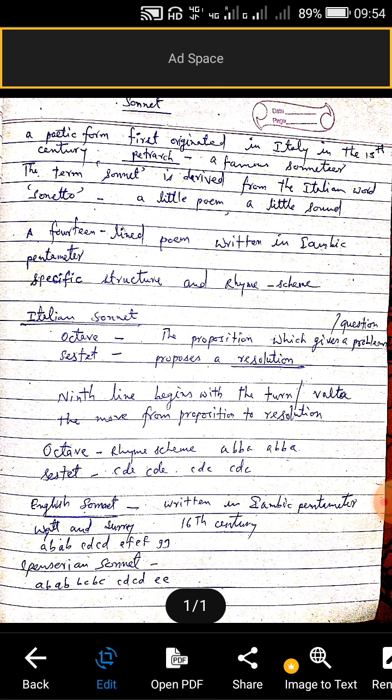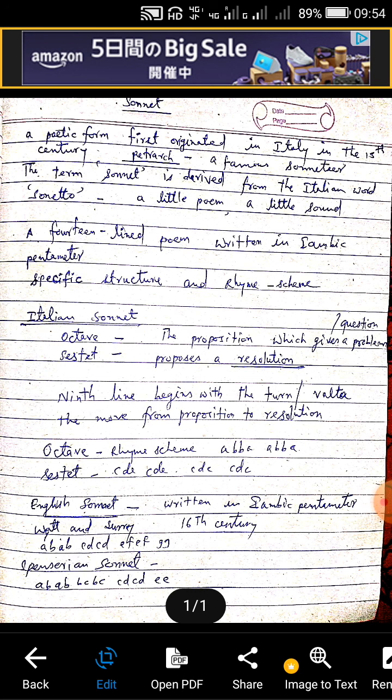We will know about the literary term entitled sonnet.